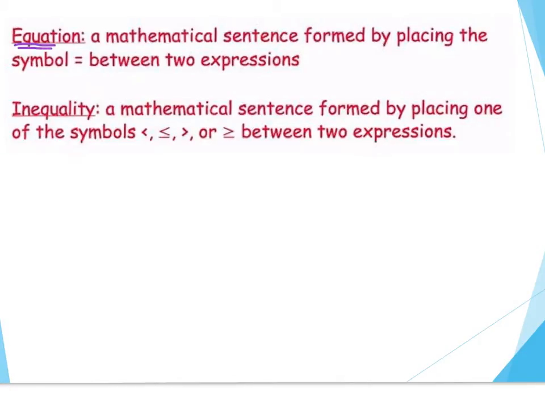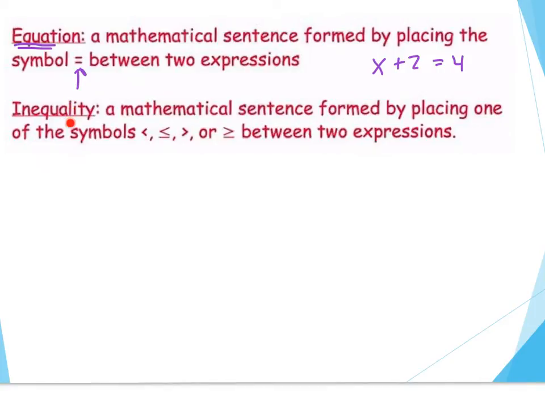An equation is a mathematical sentence, so think of those verbal phrases again, formed by placing the symbol equals in between two expressions. For example, I could say x plus 2 equals 4. That would be an equation. I'm basically saying this expression, x plus 2, is equal to this expression, 4. Now we'll talk about what we do from there, but that is what's called an equation.